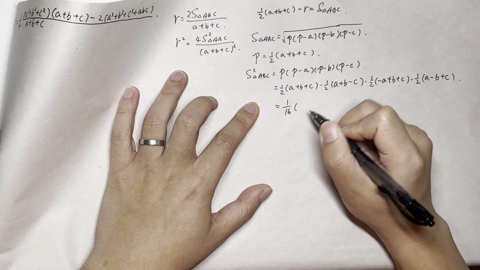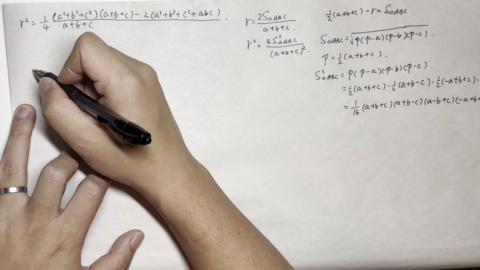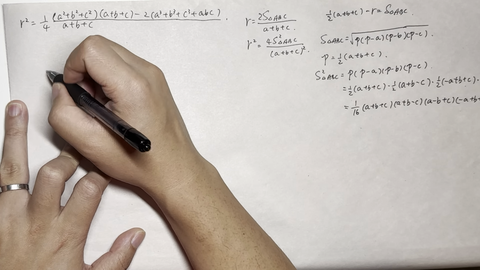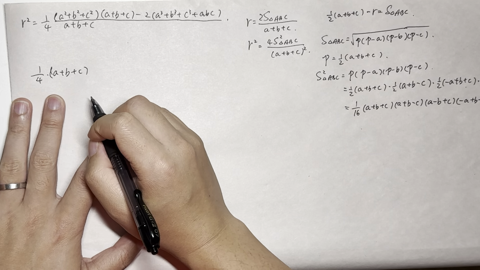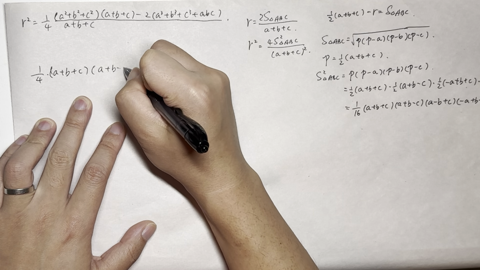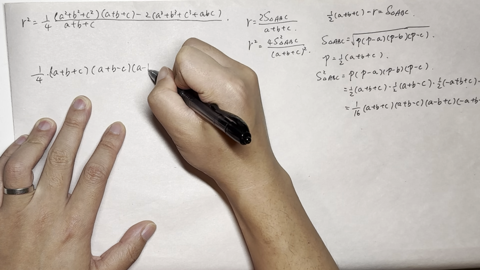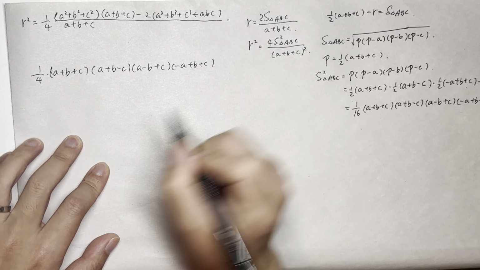That's s squared. So we use this one times 4 divided by this one. We got 1/4 times (a plus b plus c) times (a plus b minus c)(a minus b plus c)(minus a plus b plus c), right?